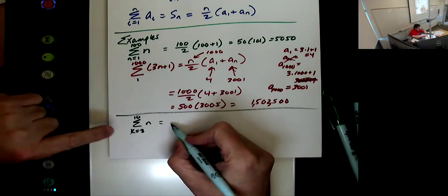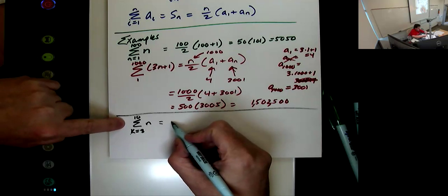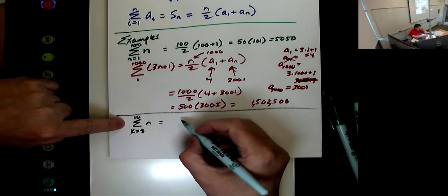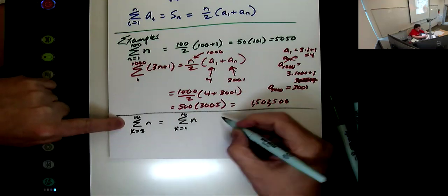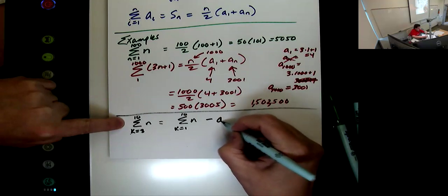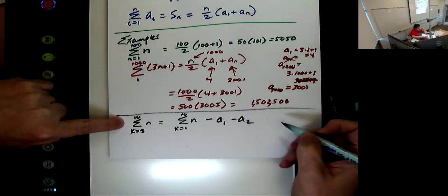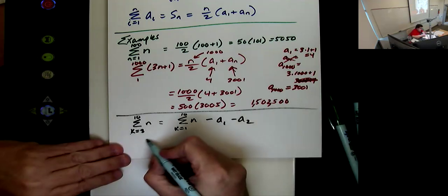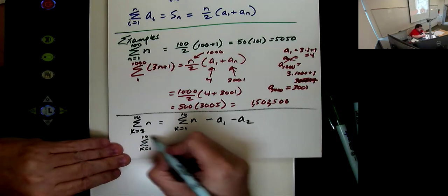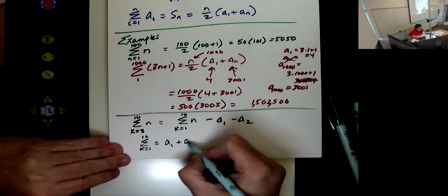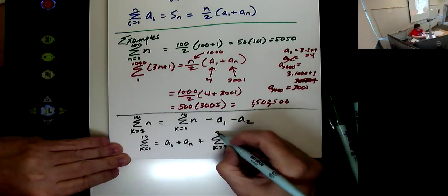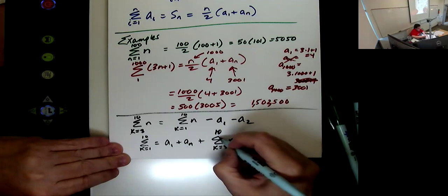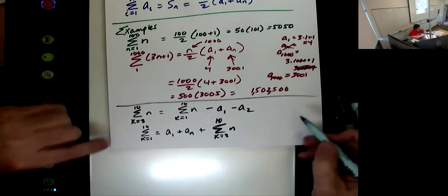This is like doing it from k equals 1 to 10 of n minus a sub 1 and minus a sub 2. A better way of saying this is the full sequence would be a sub 1 plus a sub 2 plus k equals 3 to 10 of n. So those are the missing terms.